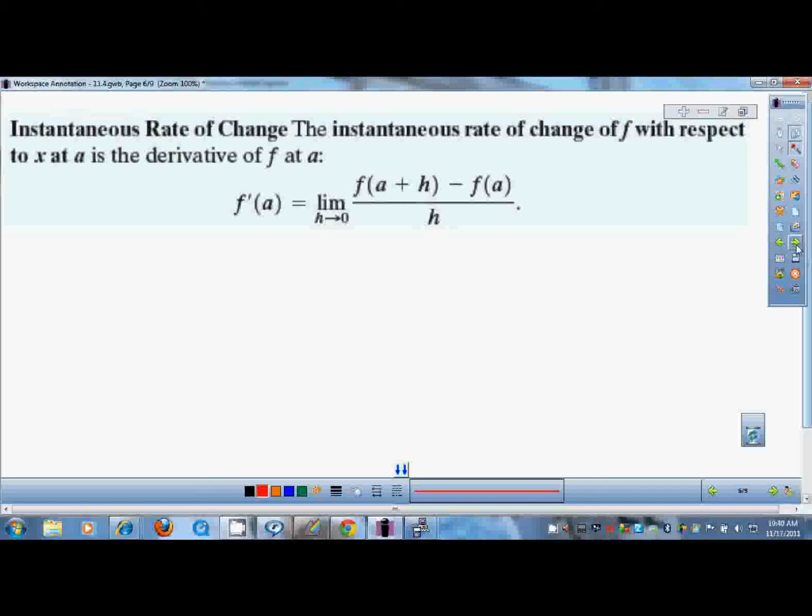Believe it or not, this is nothing more than the slope formula you did in geometry, which is written a little differently to be a little bit more universal.